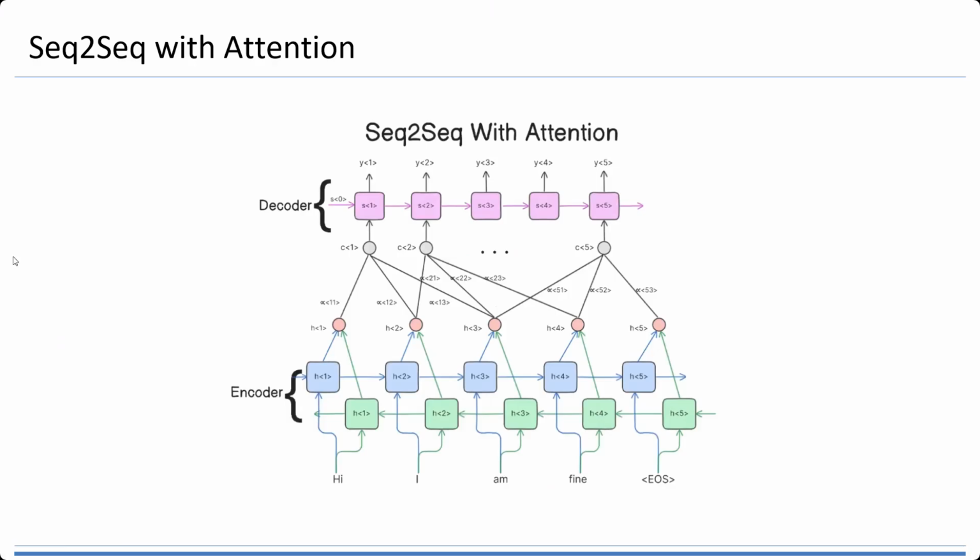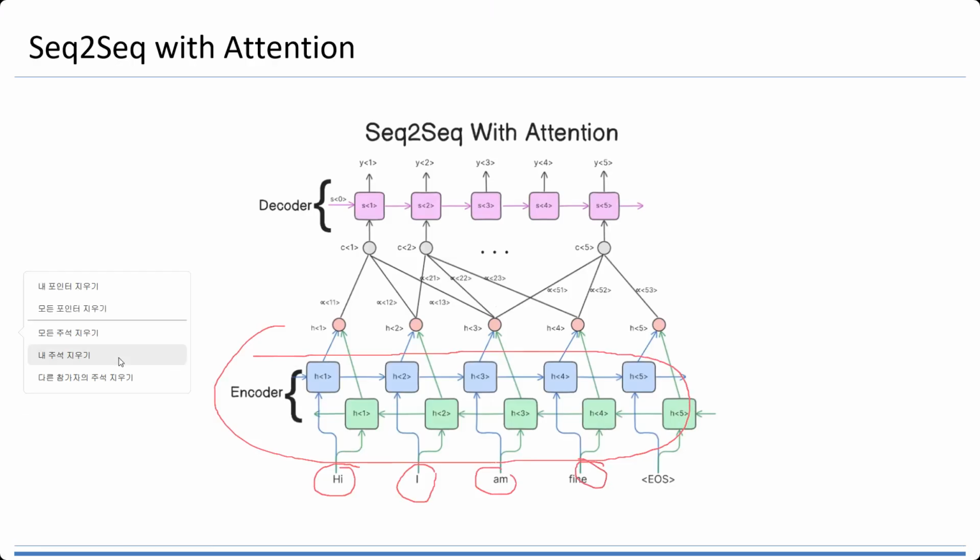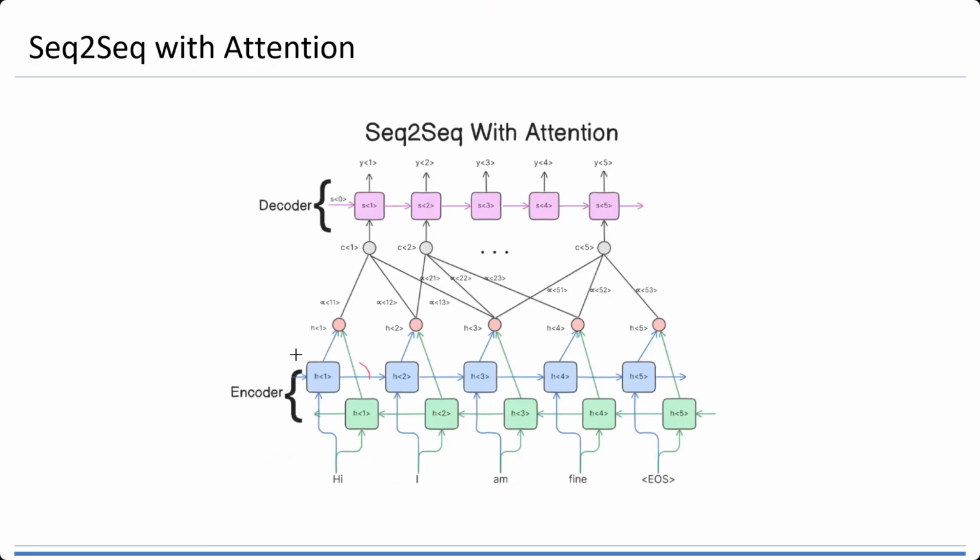So every time we do the encoding, for example, "hi, I am fine," we will do the RNN. In this case, we do the RNN like this, and then we have a matrix in this node.